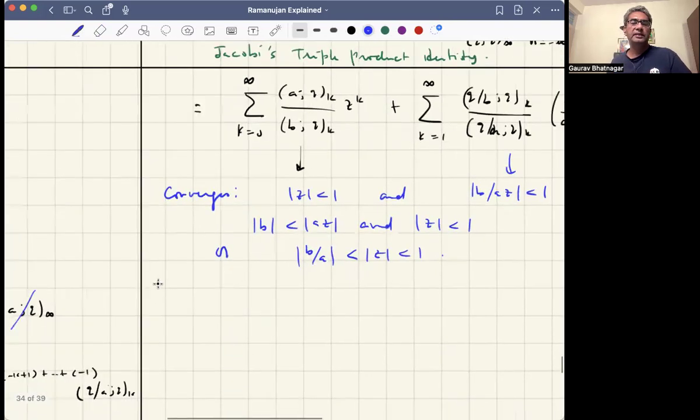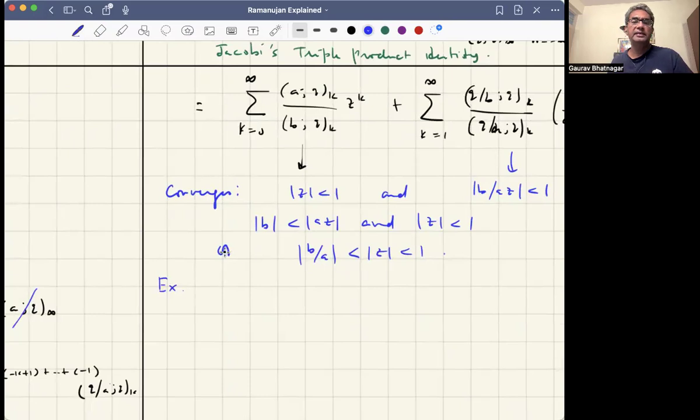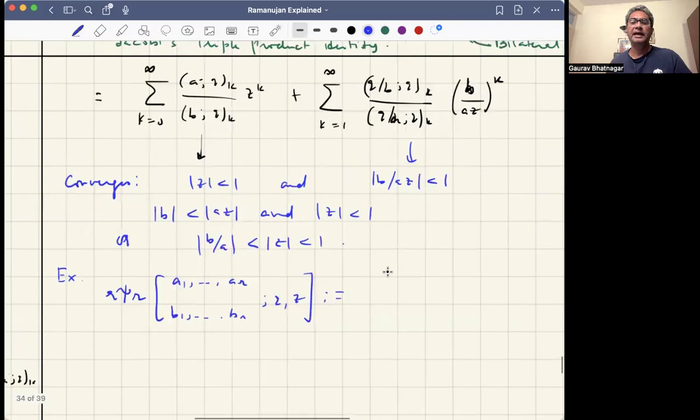So here's an exercise. Instead of the 1psi1, let's define rpsir, with r numerator parameters and r denominator parameters, as this bilateral sum. a_1 to a_r are the numerator parameters.